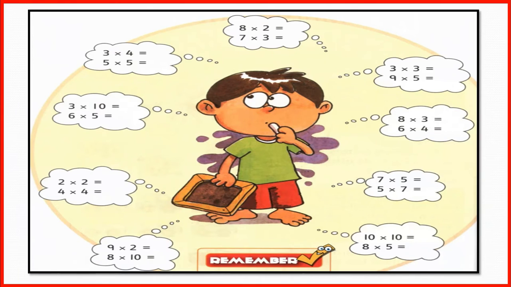Students, do you remember your times tables? In book 1, we learned our 2, 3, 4, 5 and 10's tables. Let us see how much you remember. Do you know how much 8 2s are?